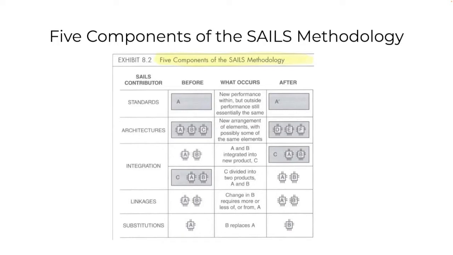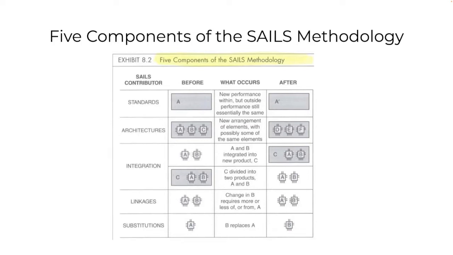So basically what we see at the beginning, that the standards are really just like the major items of the IP is standardized, and there are new performances, but not huge changes. In the case of architectures, we have already new elements and arrangement, which are possibly connecting to the original inventions.